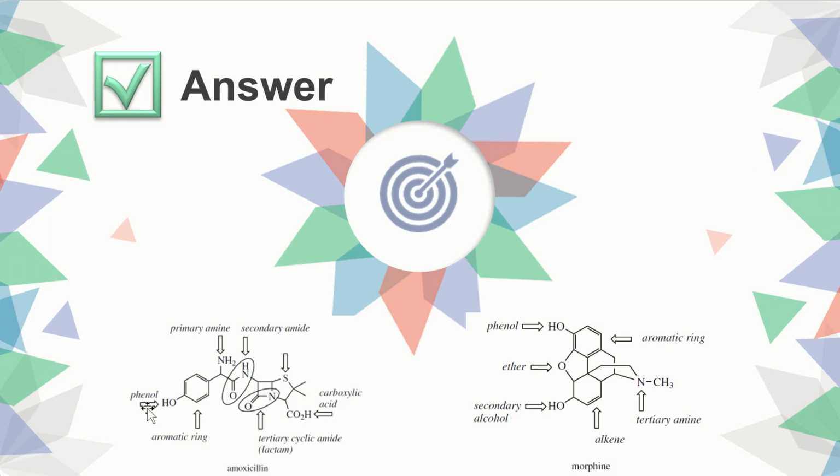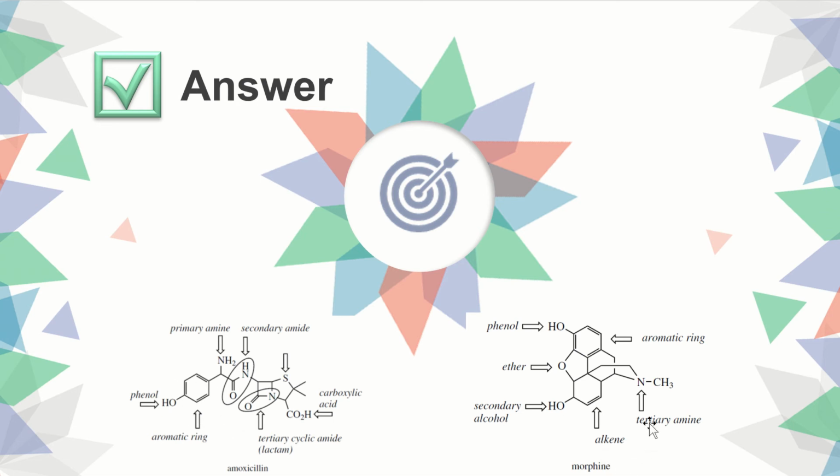If you answered this correctly, you would have labeled this group here as a primary amine. We have some secondary and tertiary amides. We have our carboxylic acid. We have our thioether, which we just met a while ago, and our aromatic ring. And of course all of this represents our phenol.